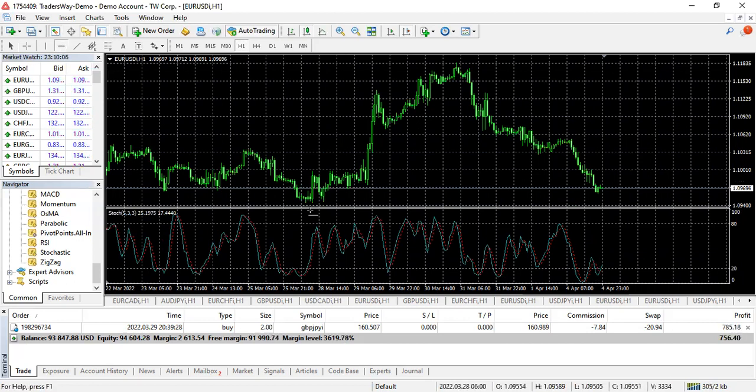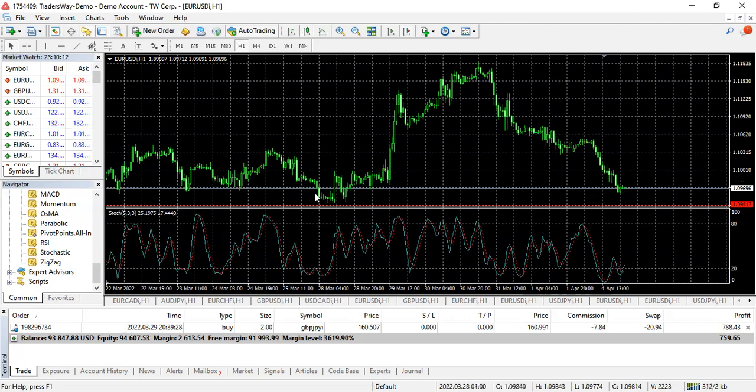Now let's assume this is where I set my stop loss, at the nearest support here. And I want to enter this particular trade at this point. The market has not yet reached the point I want to enter the trade, and I'm targeting this point here.